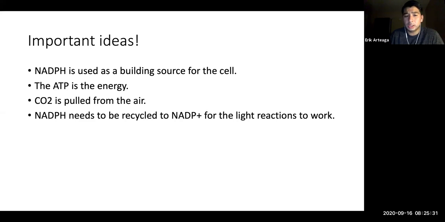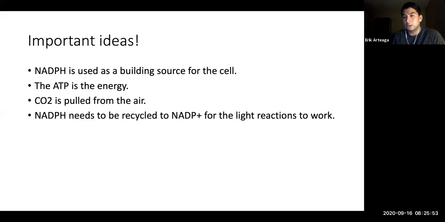ATP is the energy needed as well for that Calvin cycle. So you saw multiple points where ATP is utilized to phosphorylate the different molecules. Again, plants gain that ATP from the light reactions as well. Plants can also break down their glucose molecules, right? We talked about starch as a storage molecule, which is just repeating subunits of glucose.